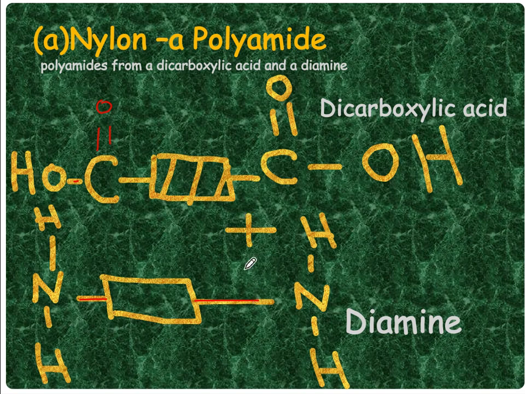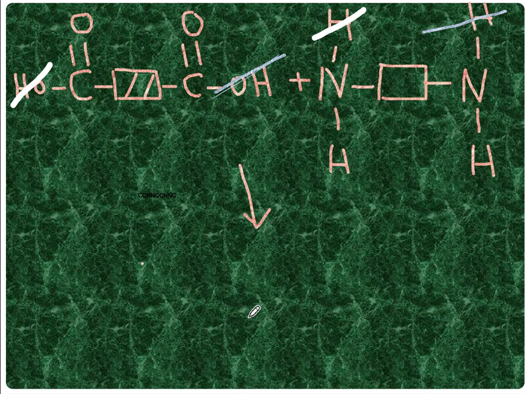So they will react with each other to form nylon. How? By removing water. How will they remove water? We will see that the OH of the first box will be removed with the H of the other box, of the diamine.